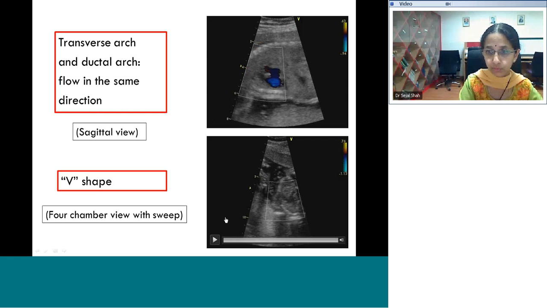The second view shows, from the 4-chamber, a further sweep, and we can see the LV and the RV outflow tract, and then we can see the arches. As we saw in the last class, both the arches are on the left side forming a V, which makes it a left aortic arch. This is again something which we will see in detail in the 3-vessel view later.